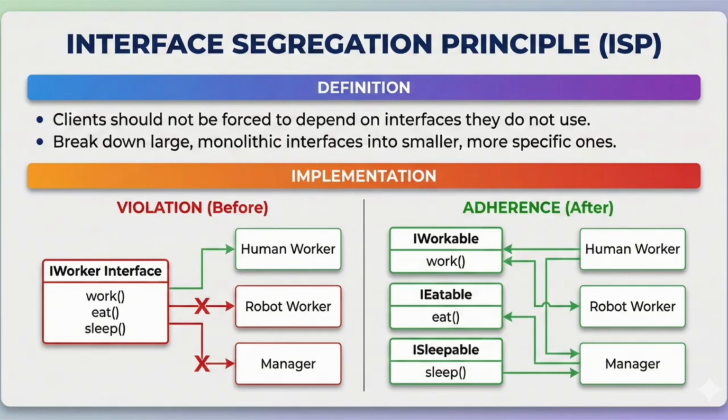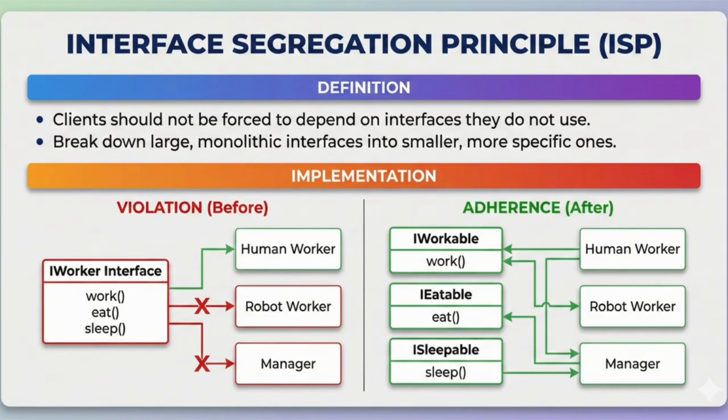A class should only implement what it actually needs, not unnecessary methods that lead to dummy implementations, empty methods, or exceptions. By following ISP, we ensure our interfaces are clean, purpose-driven, easy to understand, and easy to maintain. It prevents us from creating God interfaces that try to do everything and force subclasses to handle things they don't care about.